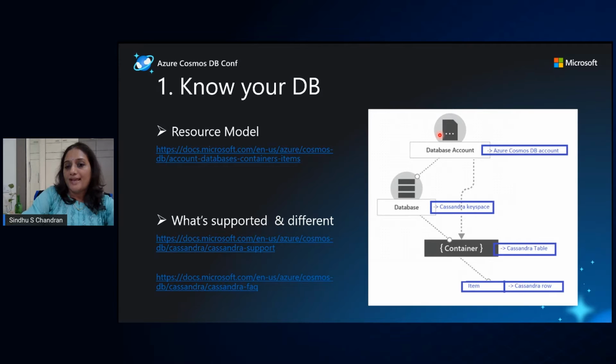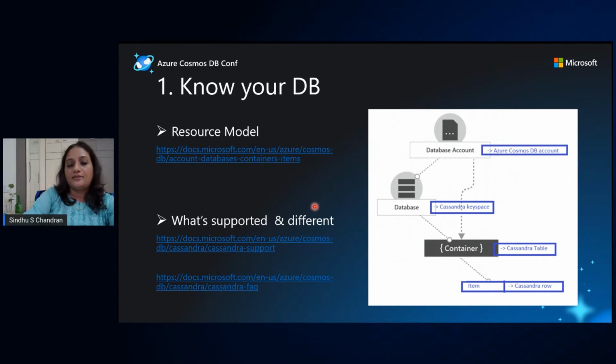So you create this for Cassandra, and the database here that you create maps to the Cassandra keyspace. And within the database, you can add multiple containers, and container is the term which maps to Cassandra table. And the items here map to Cassandra rows. So this is the first important part to understand.